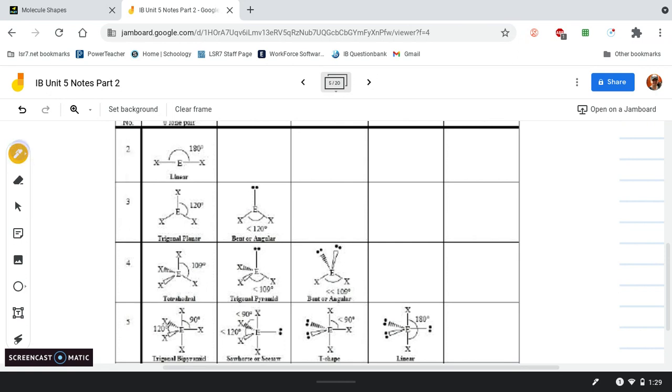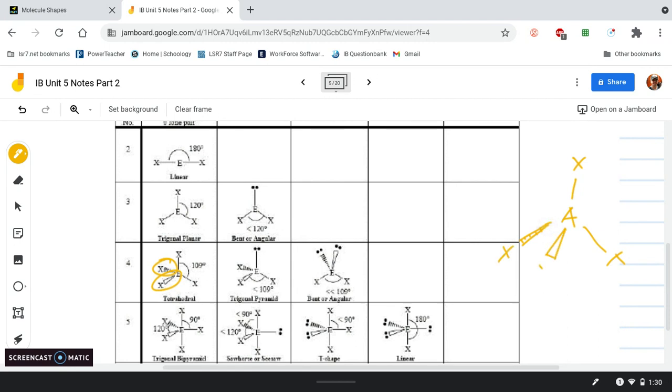If something has legs, you're going to draw the legs as either a wedge or a dashed line. So if I'm doing a tetrahedral, I would put my A in the middle, and then here's an X, and here's an X, and then this would be a leg with the dashes in it, and there's another leg.